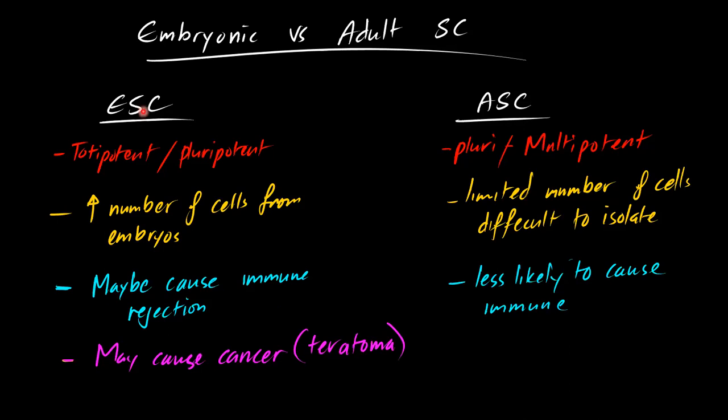So sometimes if embryonic stem cells are injected in the human body, they might start dividing without control, leading to the formation of tumor tissue or cancer. Here, less likely means the chances are lower to form tumors or cancers. Tumor tissues. Cancer and tumor, same thing. Okay.